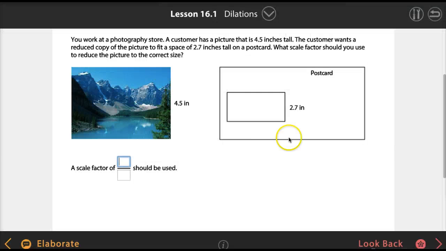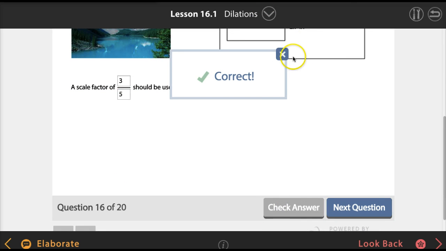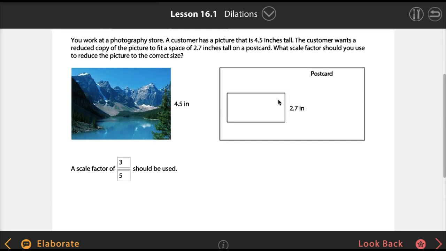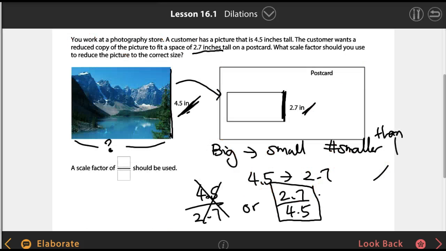Okay, so let's go back. 0.6 is actually 6 over 10, which simplifies to 3 over 5, okay? And that is correct, but again, let me go back to what I was doing. So then there you go. I plugged it into Desmos and what I got, as you all remember, is 0.6. And then I already plugged in my answer, which is 3 over 5.